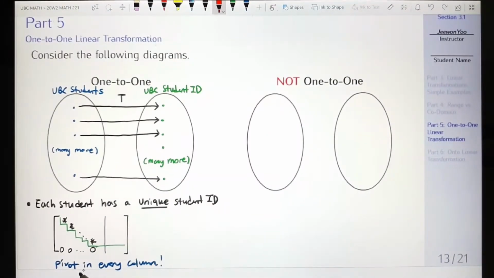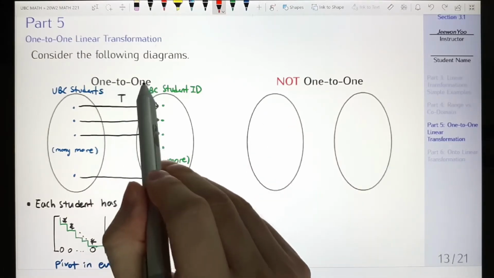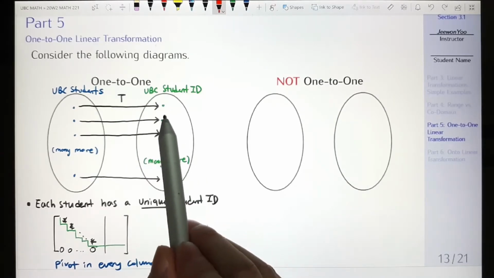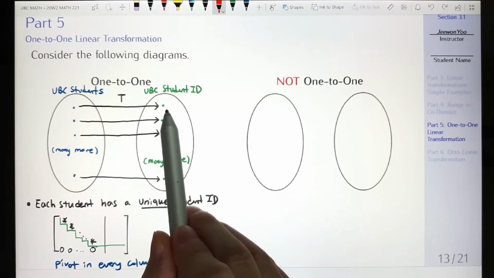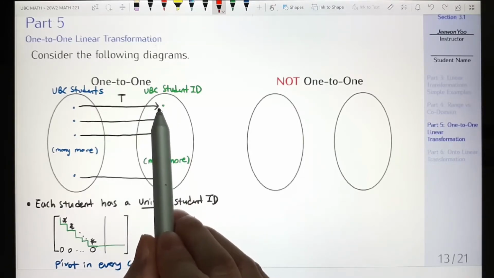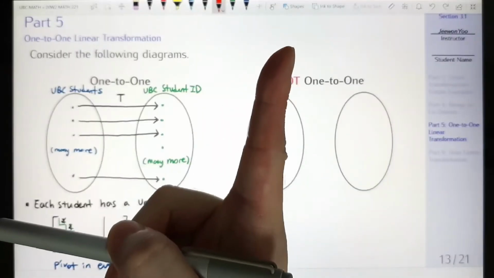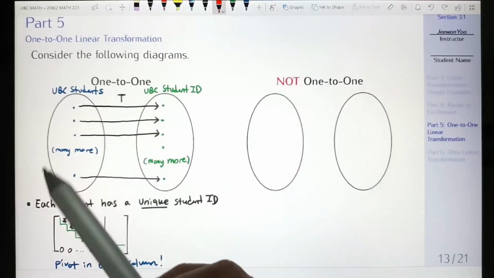Do you know why having a pivot in every column is a very important condition to talk about one-to-one? Think about it this way, everyone. Suppose a UBC ID has been taken. Then we want this ID to be taken by only one particular student, not more than one student. Do you understand?